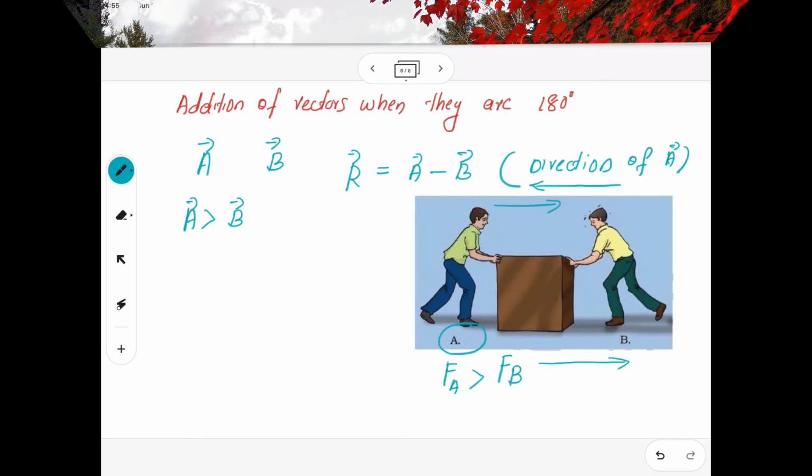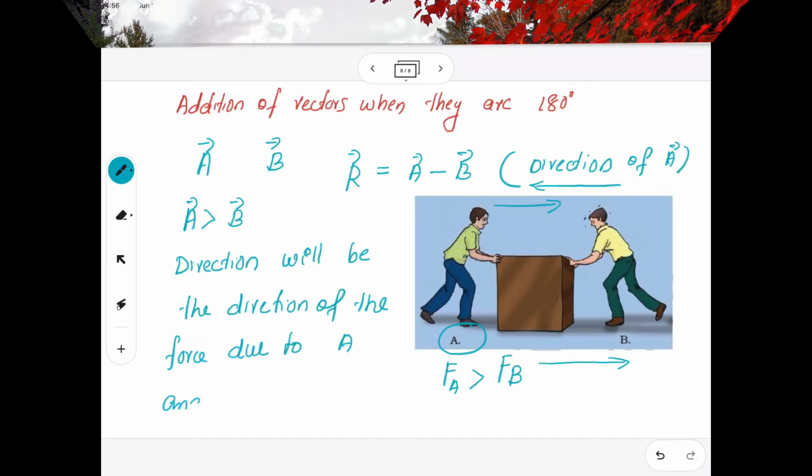So I can write it as: the direction will be the direction of the greater force, and the magnitude is FA minus FB, and it is towards the right side. This is the difference between two vectors.